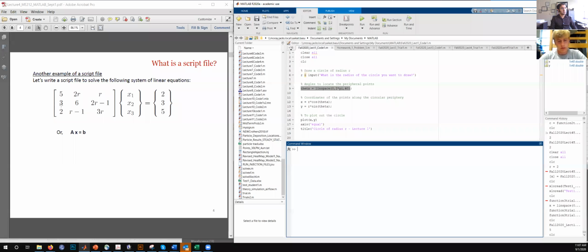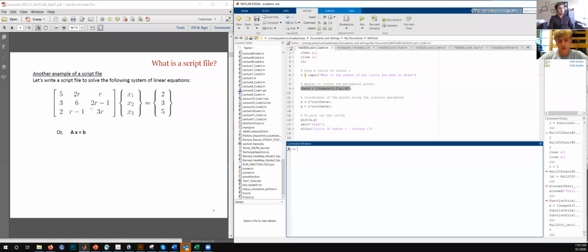The second equation is 3x1 plus 6x2 plus (2r minus 1) x3 is equal to 3. And the third equation is 2x1 plus (r minus 1) multiplied by x2 plus 3r x3 is 5. So this is just a stylized or an array version of writing a system of simultaneous equations. And here we have 3 equations, and x1, x2, x3 are the 3 unknowns.